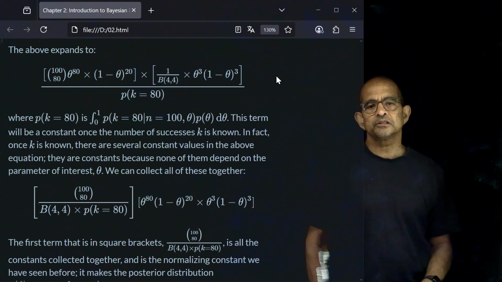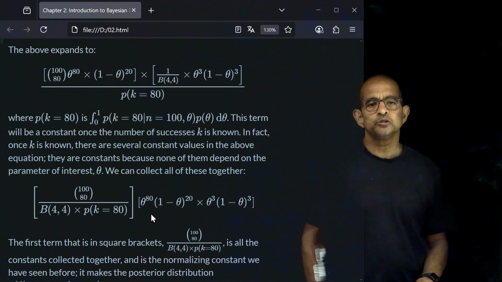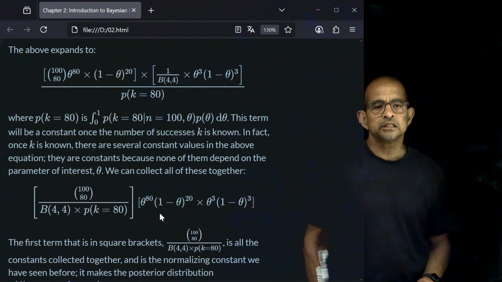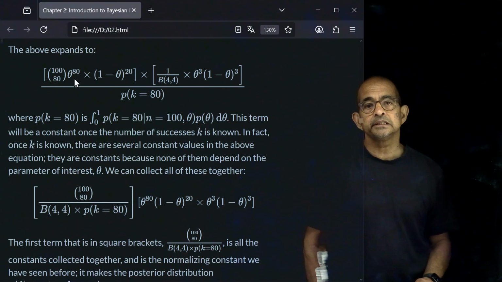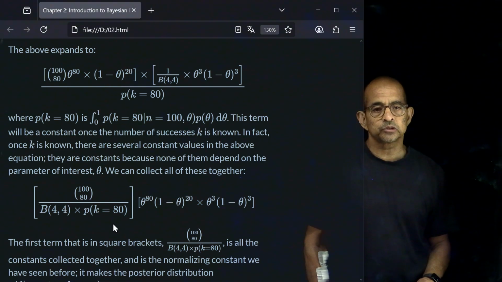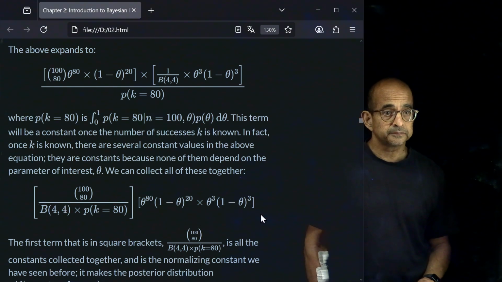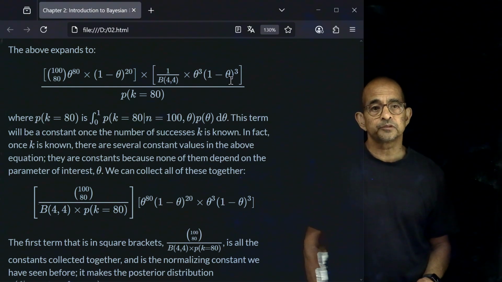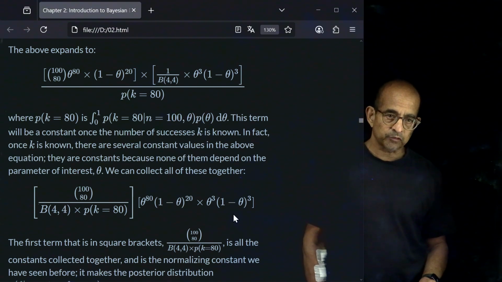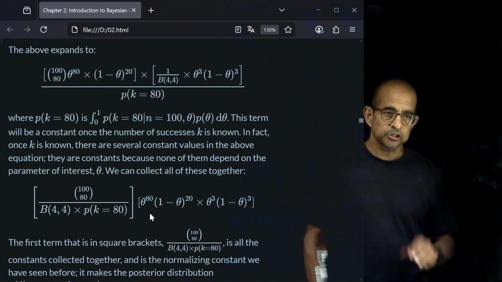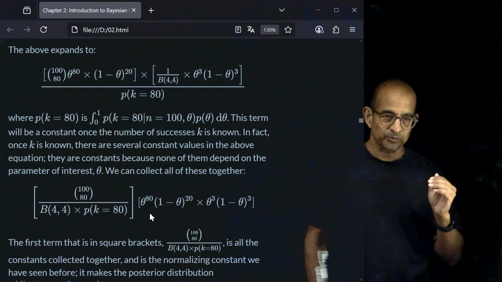So if you just think about the numerator now, I've got the kernel of the likelihood function, theta to the power of 80, 1 minus theta to the power of 20. I'll talk about the square bracket stuff in a moment. So here's my likelihood function, and here's the kernel of the prior distribution for theta. This is the interesting part that I want to focus on. This is the numerator in the Bayes rule computation.